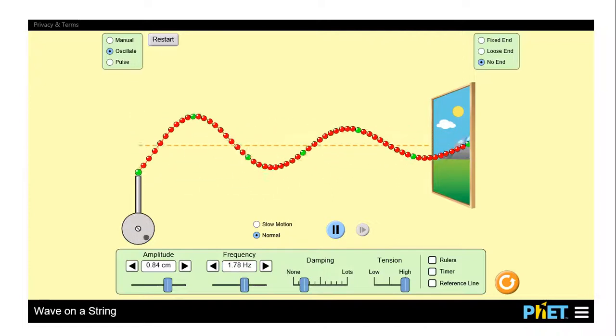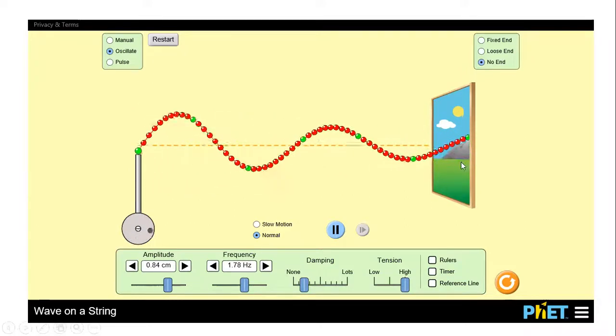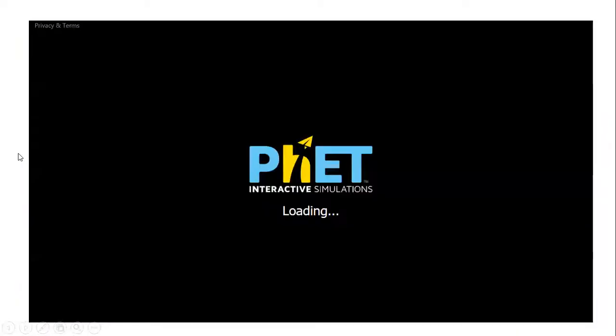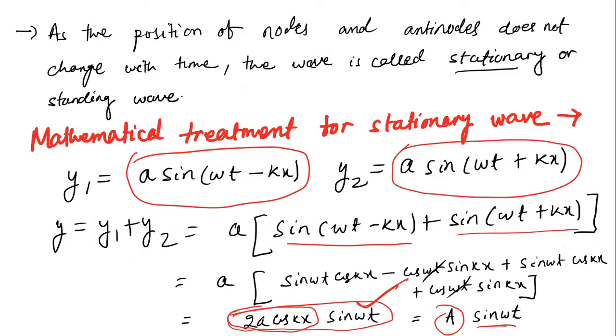Mathematically, we said it is simple. It is nothing but the combination of these two waves, these two wave equations, to give you the final oscillatory wave function, but it is different from that of the progressive or traveling wave.